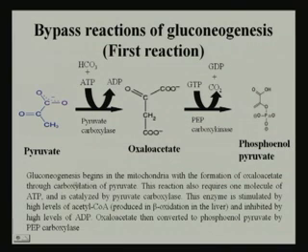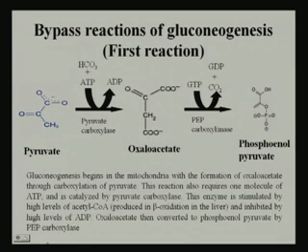Gluconeogenesis begins in the mitochondria with the formation of oxaloacetate through carboxylation of pyruvate. This reaction also requires one molecule of ATP and is catalyzed by pyruvate carboxylase.